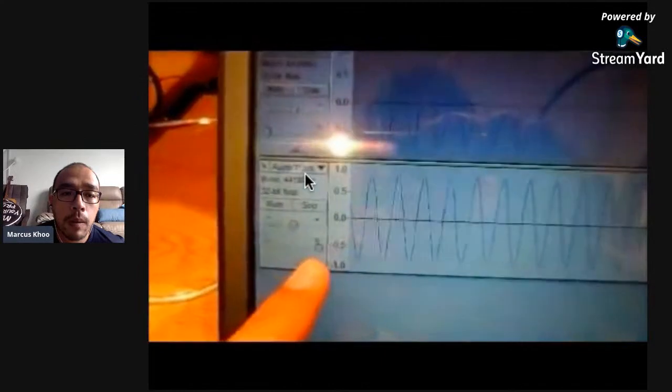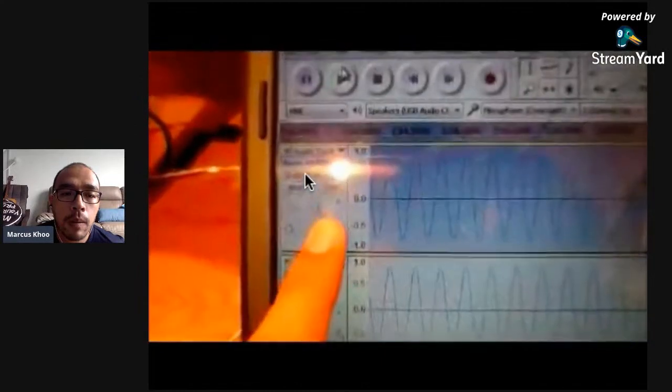This channel is panned all the way right, and this channel is panned all the way left. We're doing a frequency of 440 hertz with a sine wave, and that's basically it.